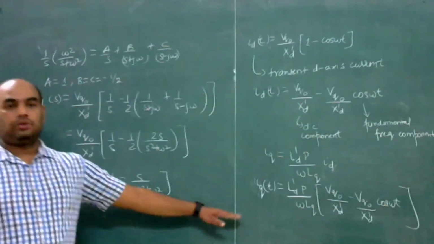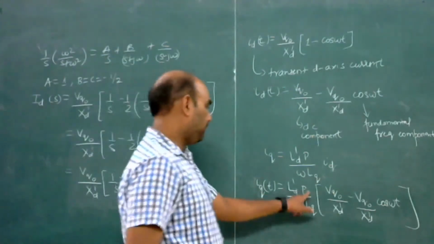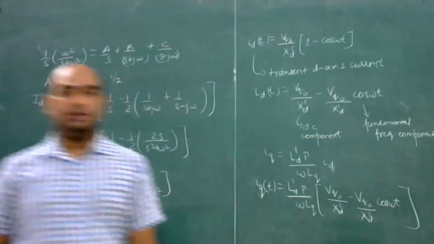Okay, so this is the q-axis transient current. Okay, and again it has got two components, one DC component and the other. But here it is P, where P is d by dt.